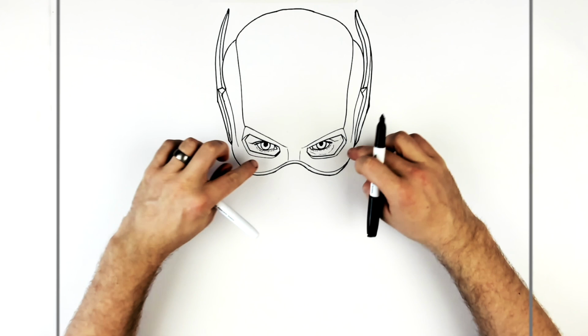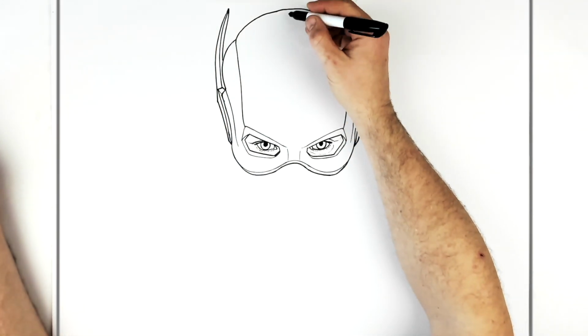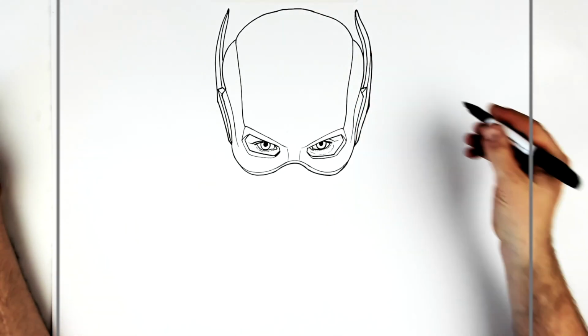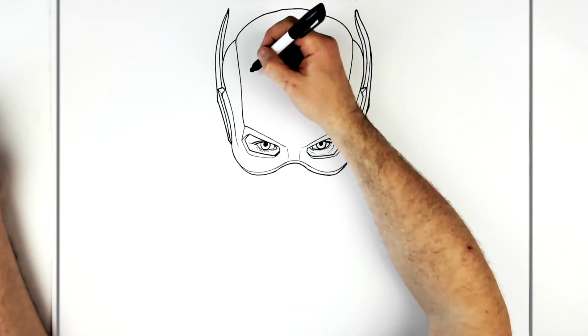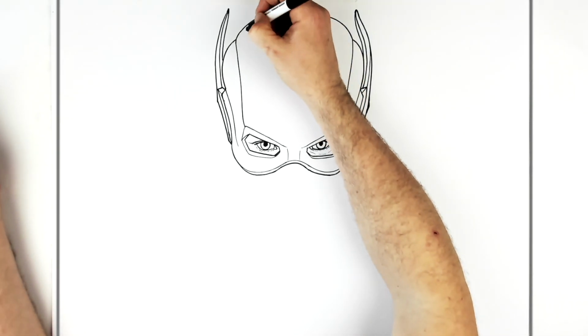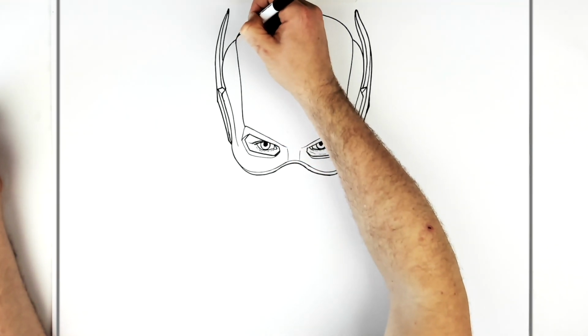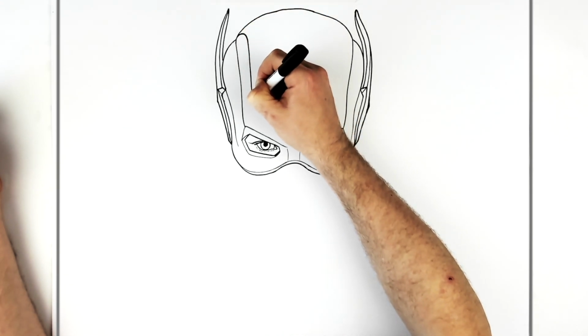And then he has all these symbols on his head, right? Okay, we'll do our best with these, right? So we've got the lightning symbol coming down here, right? So I'll do them in black, but they're actually in yellow, right?